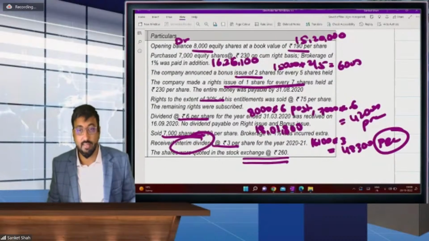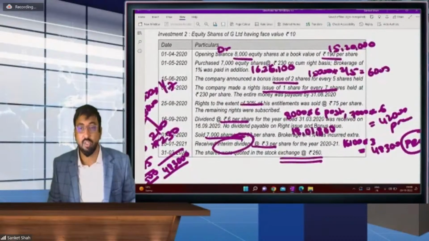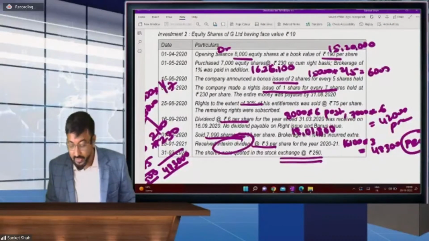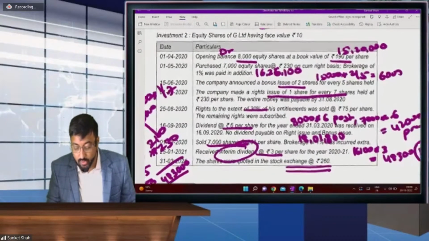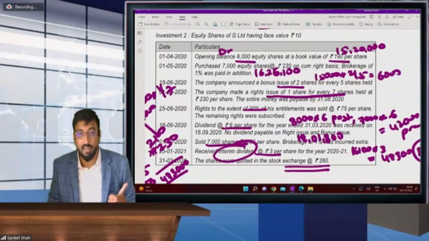Now it's very easy. Investment in equity shares. I already have all amounts. See, 8,000 shares, 15,20,000. Then purchase 7,000 shares. Brokerage you have to add. So 7,000 into 230 plus 1%. Bonus shares, 15,000 shares now I have: 8,000 already opening balance, 7,000 new purchase. So 15,000 into 2 by 5 is bonus shares.